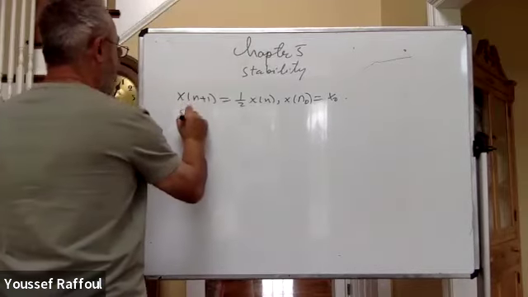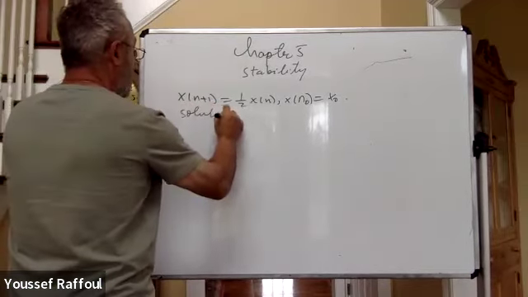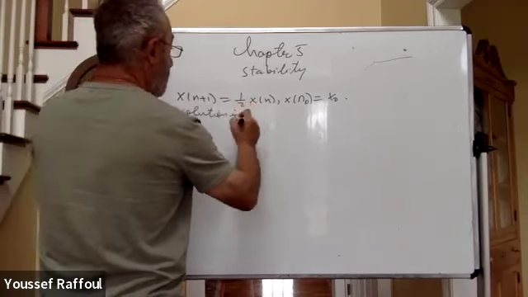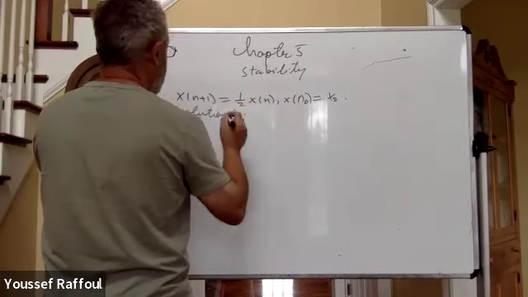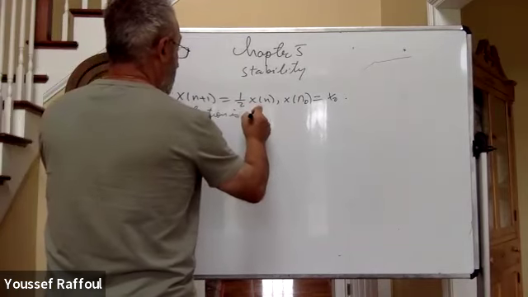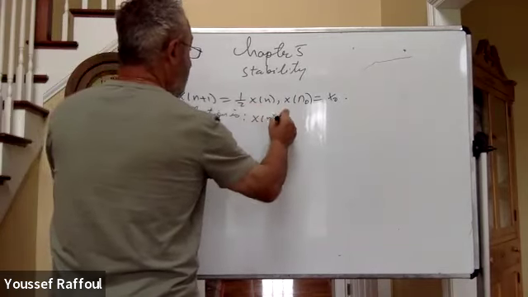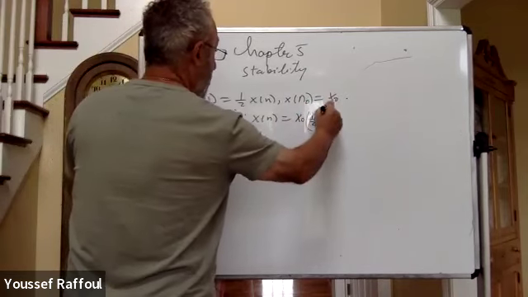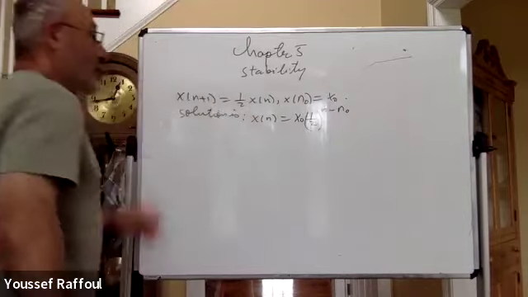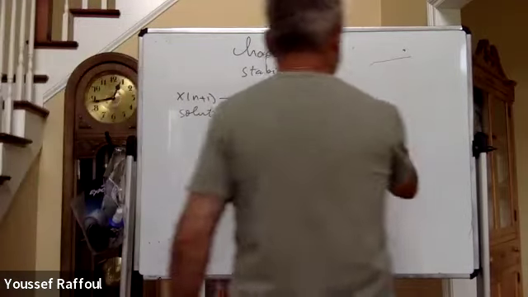Then the solution is x(n) equal to x0 times 1/2 to the power n minus n0. Remember, n0 is fixed.